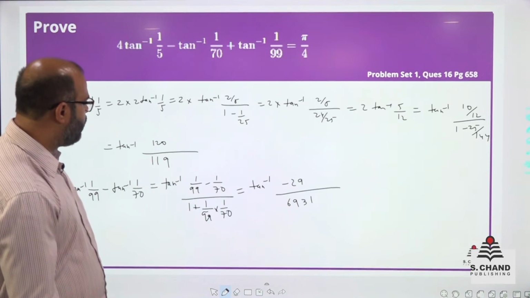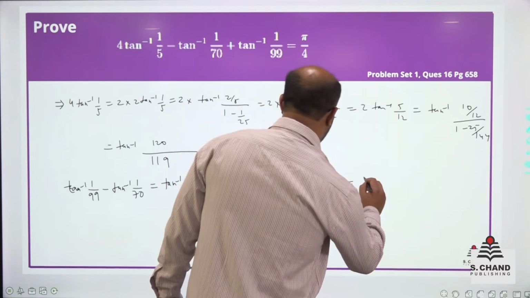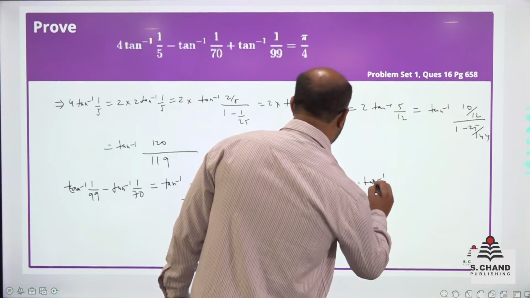So minus 29 by 6931, this is coming. So this is tan inverse with a minus sign.